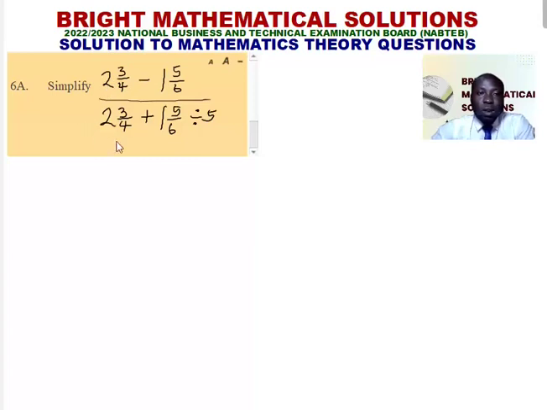After that, we now come to the denominator and we now bring the two together. Now, the first thing is to convert this to an improper fraction, and that will give us 11 over 4. That is 2 multiplied by 4, that's 8, plus 3.